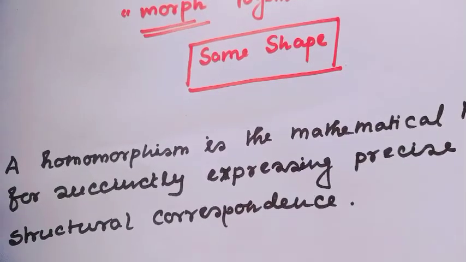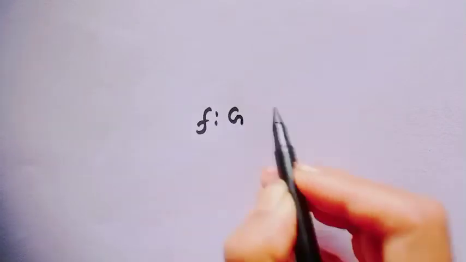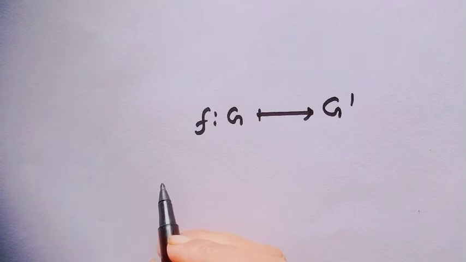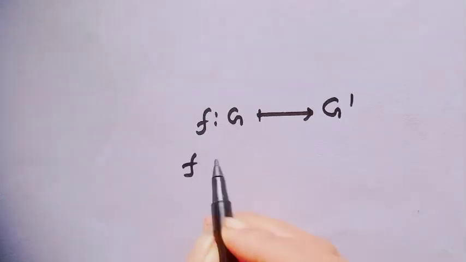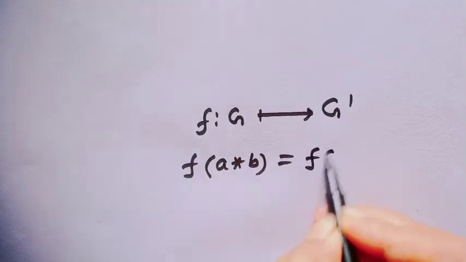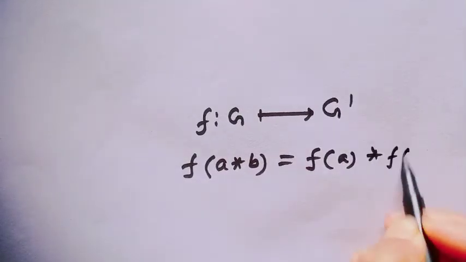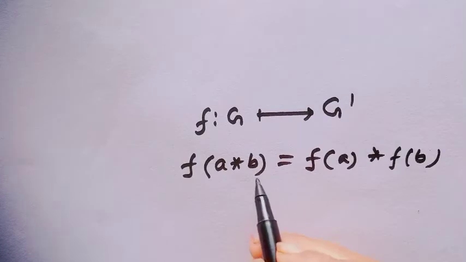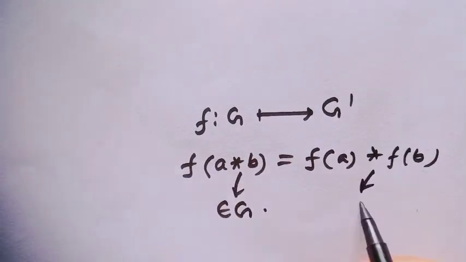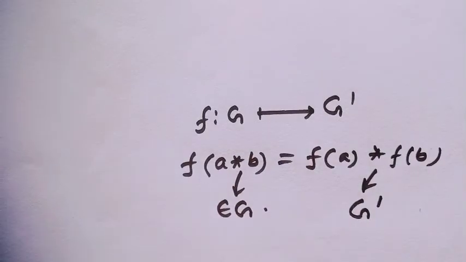So, homomorphism is the mathematical tool for succinctly expressing the precise structure correspondence. Homomorphism goes from one group to another group. f is a mapping from G to G prime. If a homomorphism exists, then f of a composition b is always equal to f of a composition f of b, where the first composition is taken in capital G and the second is taken in G prime.